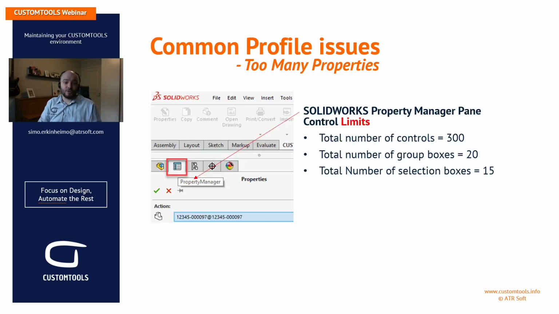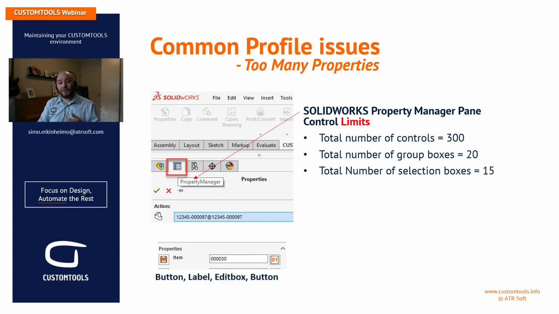But the root cause comes from these numbers SolidWorks has set. So CustomTools properties is loaded into SolidWorks property manager pane, and we add our properties into that pane. One property is multiple controls. There's the modified button, label of the property, the actual control of the property, like edit box, and sometimes another button.